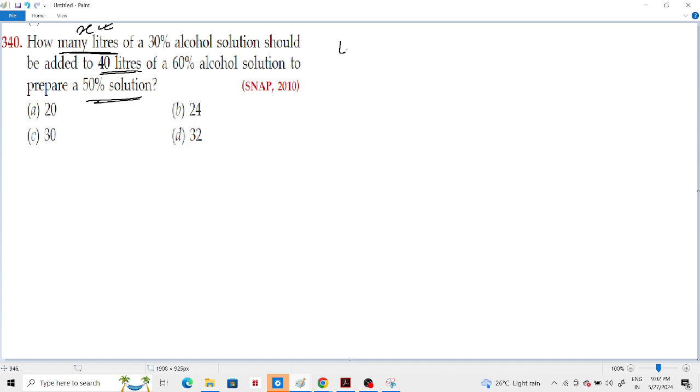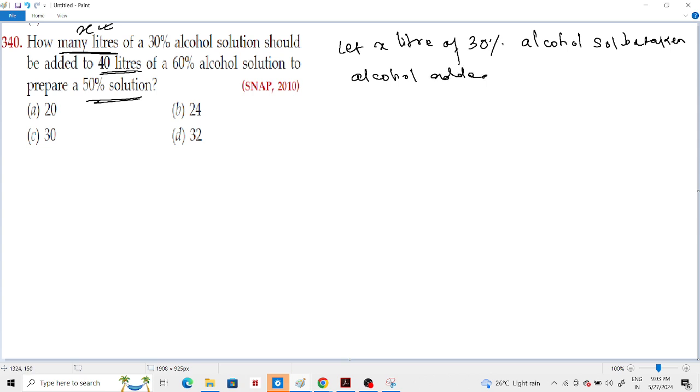So let x liters of 30% alcohol solution be taken. What is the amount of alcohol added? 30% of x liters, right? That means 0.3x liters of alcohol has been added.